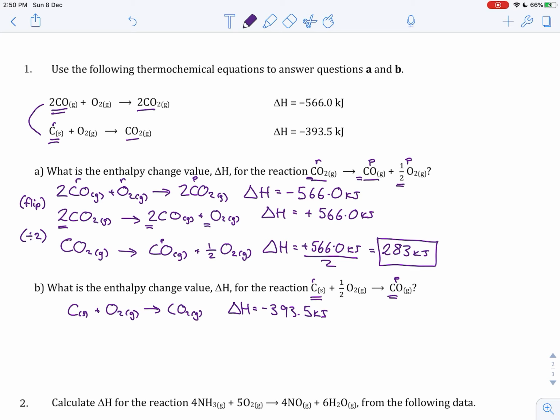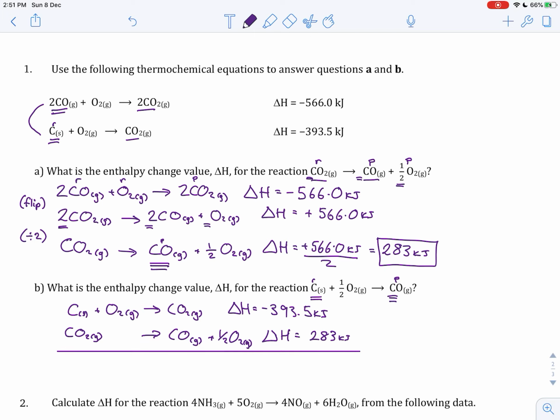Now, as I said, using what you've already calculated, because we've got 1 carbon monoxide as a product, we can be writing CO2 gas yields carbon monoxide plus half an oxygen. And delta H, we've worked out, is 283 kilojoules.